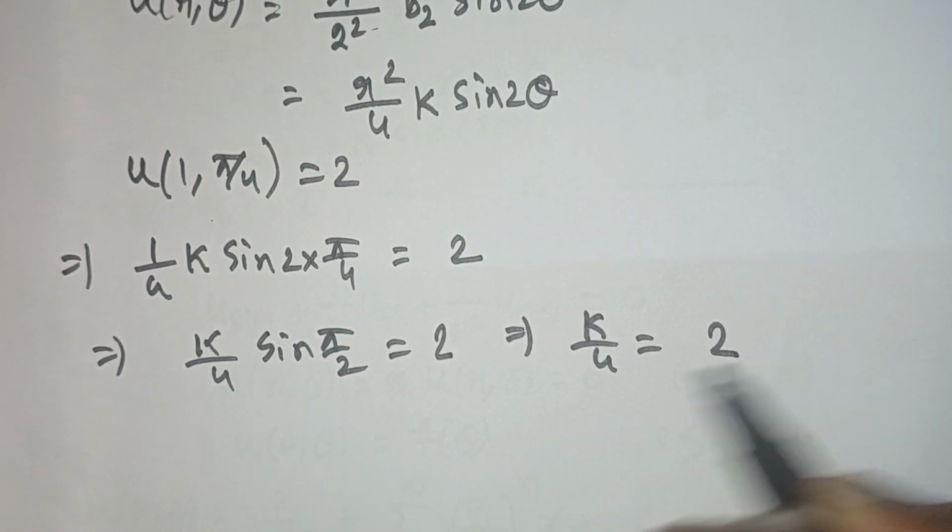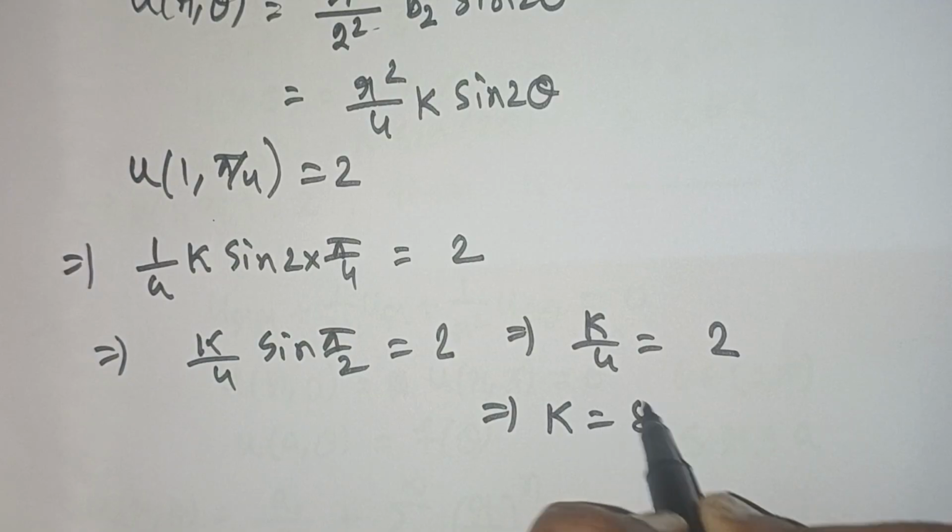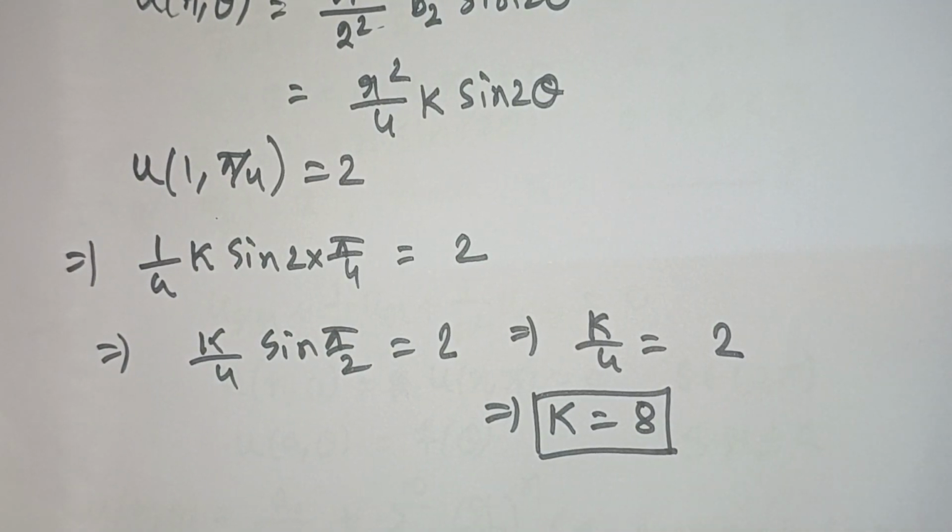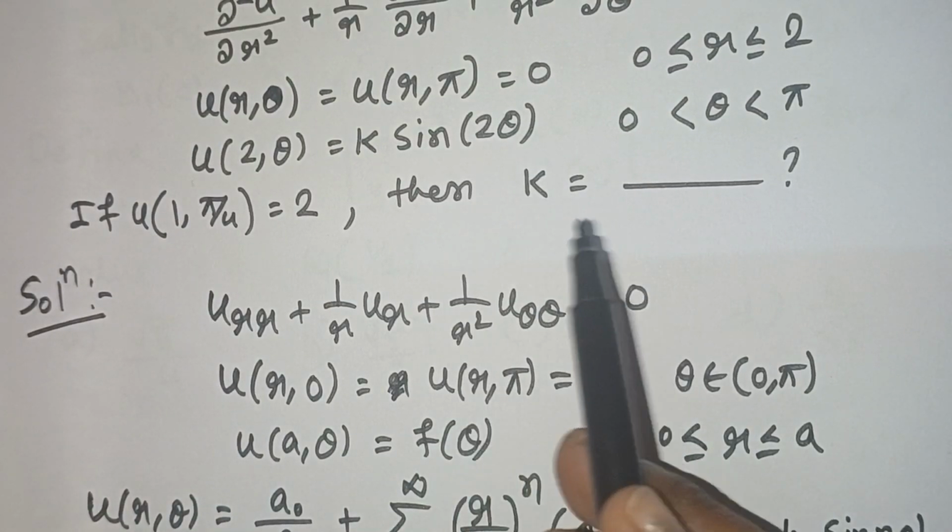Since sine pi by 2 equals 1, k by 4 equals 2, so k equals 8. This is our final answer, since we needed the value of k.